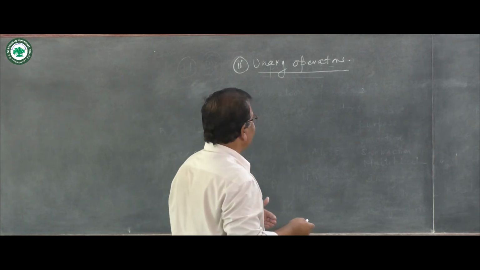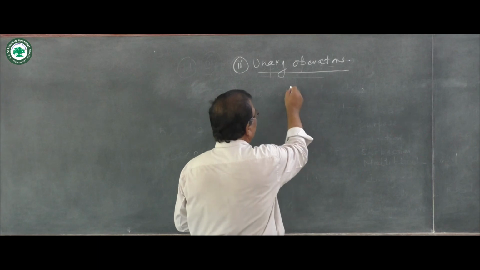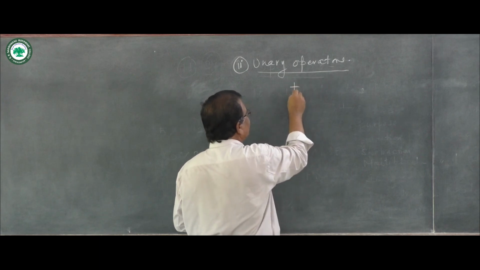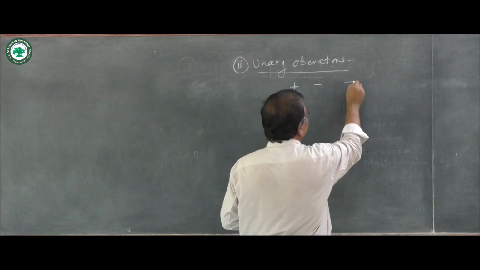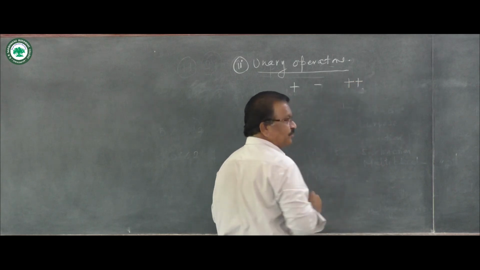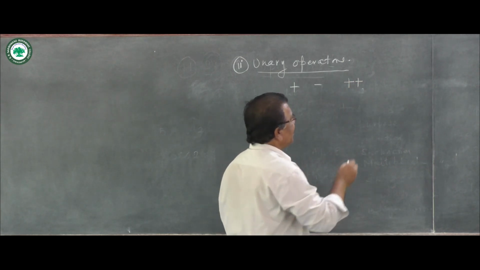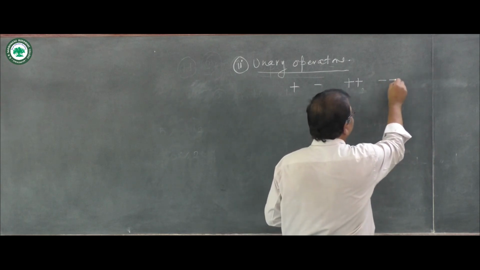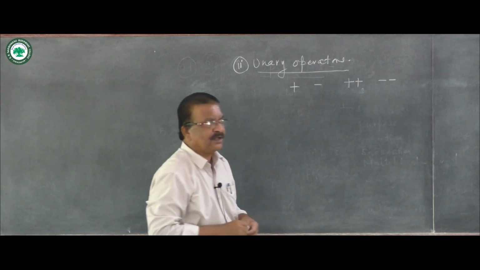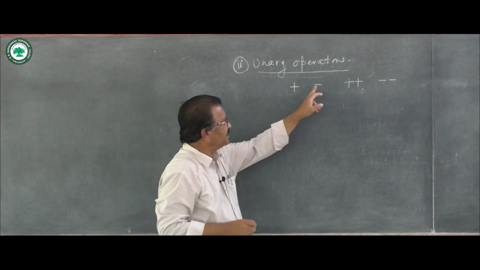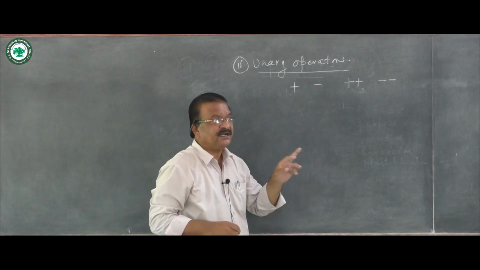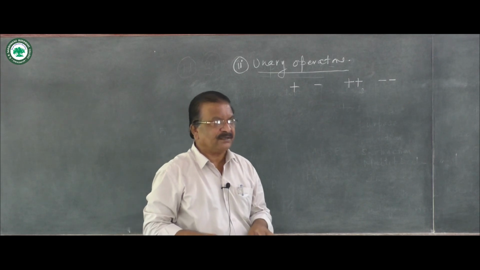In C, there are 4 unary operators: unary plus, unary minus, increment, which is plus plus, and decrement, minus minus. Remember, this unary minus is distinctly different from the subtraction operator.